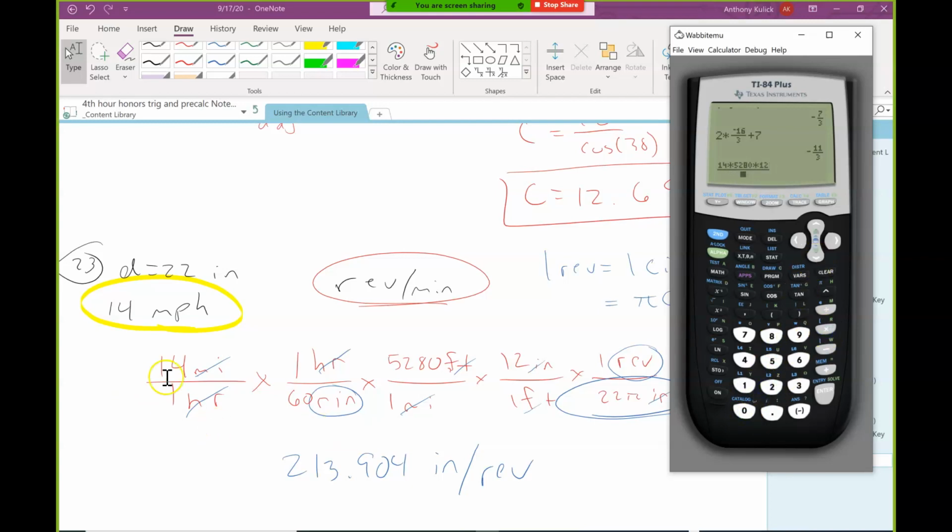In the bottom, again, I'm not going to bother with the ones, but then I'll have 60 times 22 pi. And if I do that, then I don't have to worry about accidentally goofing up the division by 22. And that's the way I would type it into my calculator.